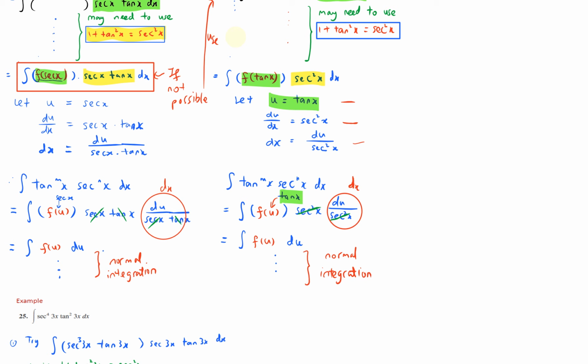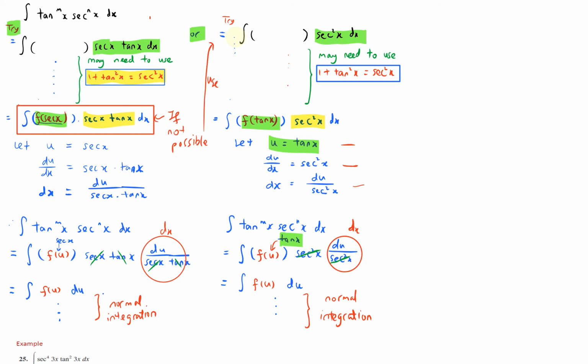So in this way we can integrate tangent mx times secant nx dx. I hope you understand the idea behind it. Now we can go to the next example, example 25 in your text.